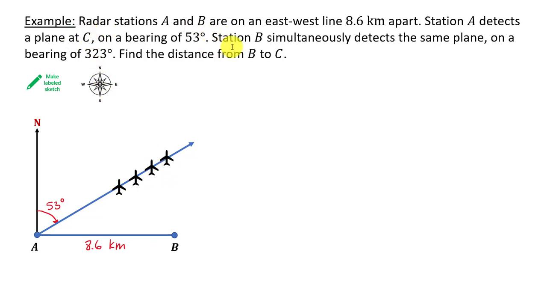We also know that station B simultaneously, at the same time, detects the same plane on a bearing of 323 degrees. So now let's work with station B. To measure the bearing, we start with the north vector, this one, and now we have to rotate clockwise 323 degrees. I'm going to add a few lines here to help me count.